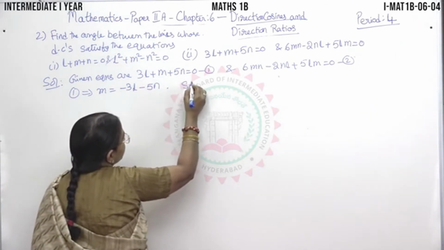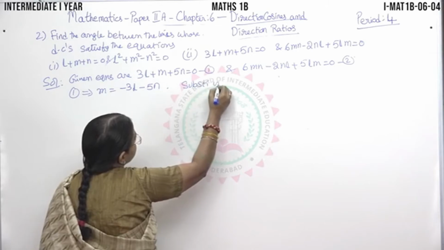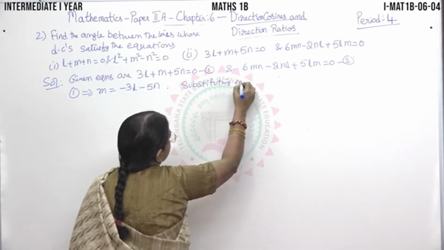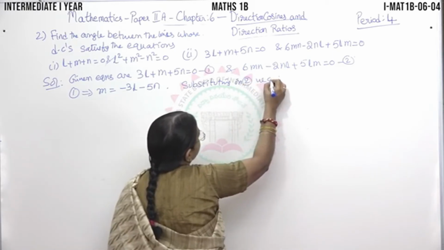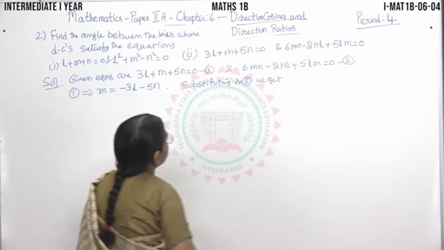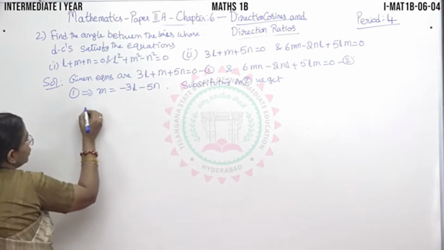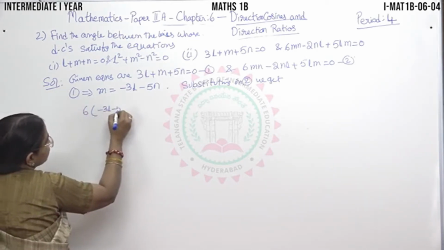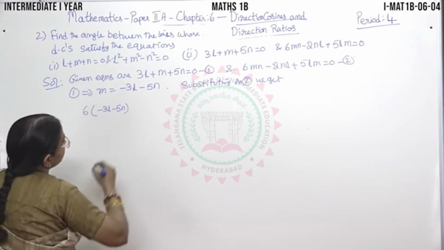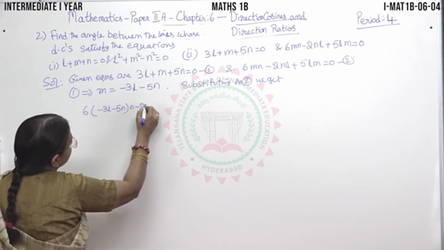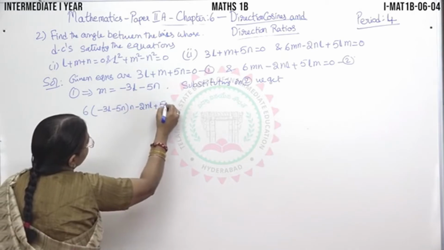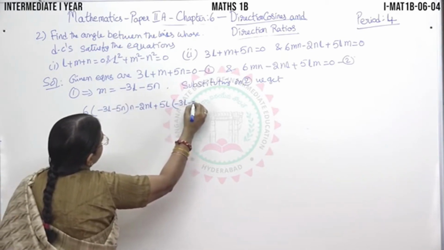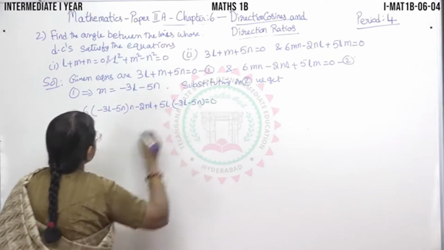Now substituting in second equation, we get 6Mn, 6 into M, M is minus 3L minus 5N, 6M into N minus 2NL plus 5LM, M is again minus 3L minus 5N is equal to 0.